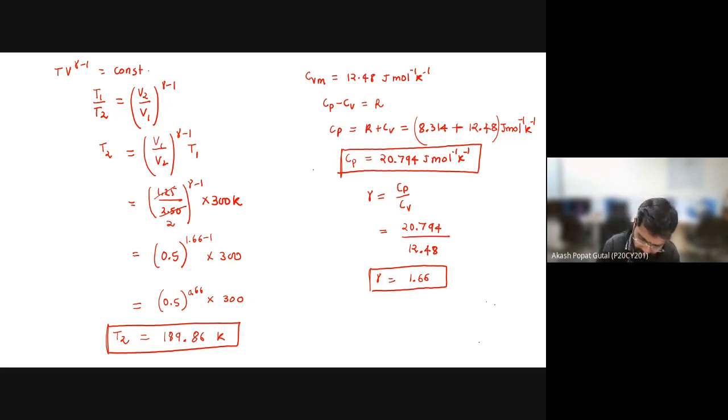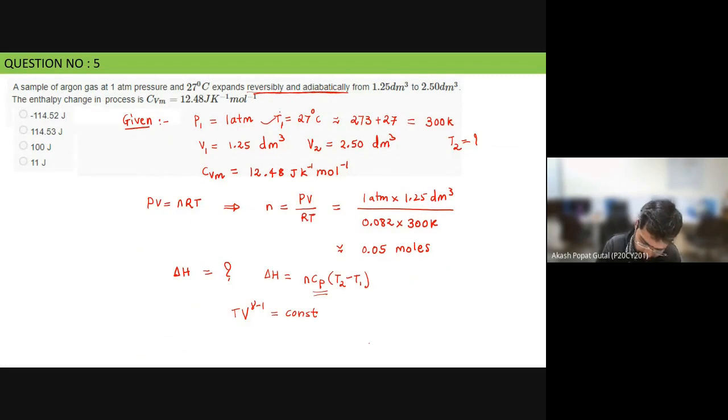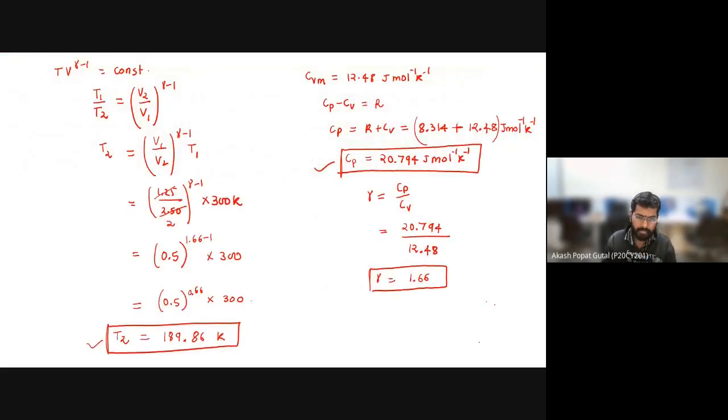So we have Cp, we have T2, we have T1, and we have the number of moles n here. Fine. You can put it in and calculate the enthalpy change. The delta H will be n Cp (T2 minus T1).